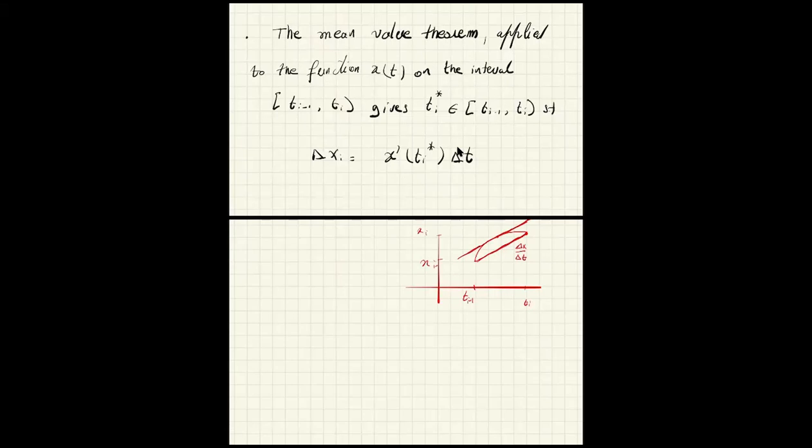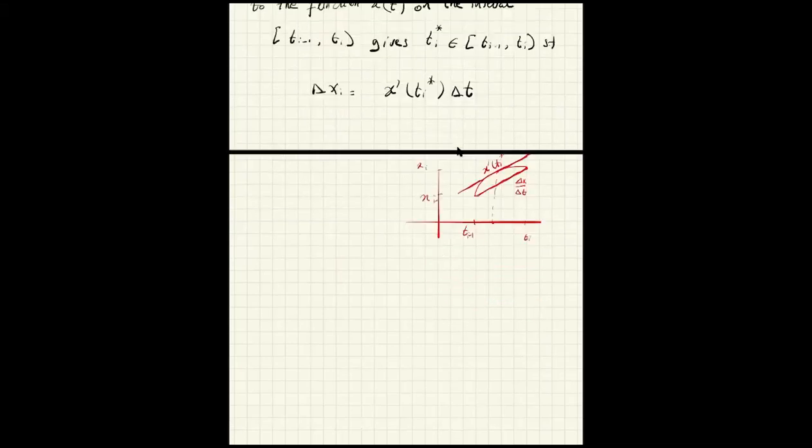Remember that? So this is the tangent, x prime at t star, and this point will be somewhere here, right? That's the theorem.